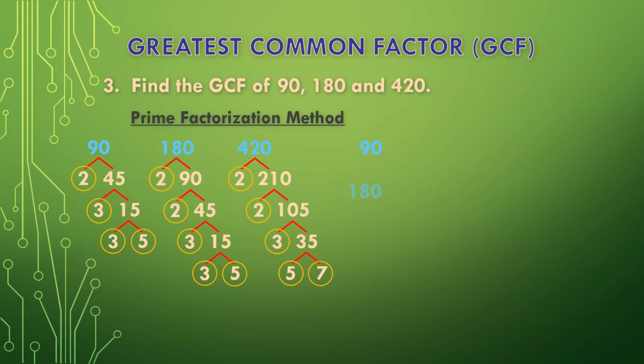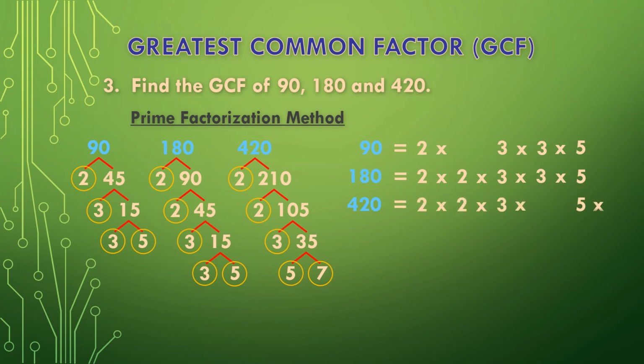Let's now express 90, 180, and 420 as products of their prime factors. 90 is equal to 2 times 3 times 3 times 5. 180 is equal to 2 times 2 times 3 times 3 times 5. 420 is equal to 2 times 2 times 3 times 5 times 7.